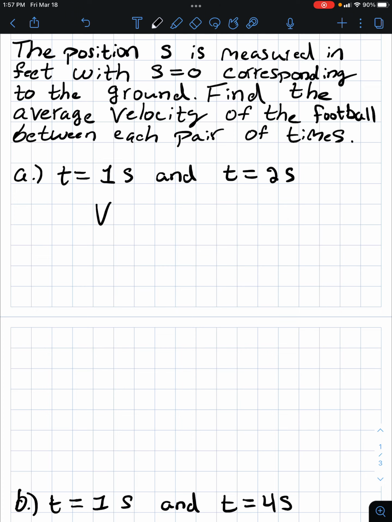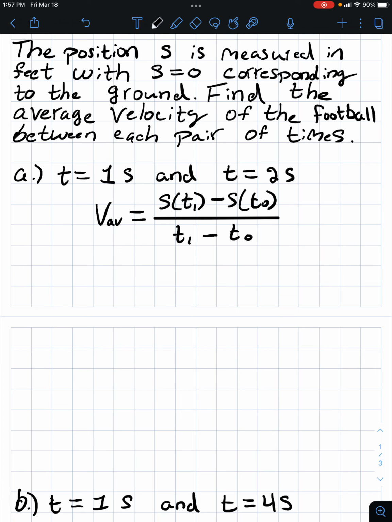Or writing it out, v_av is going to be equal to s(t1) minus s(t0) divided by t1 minus t0.